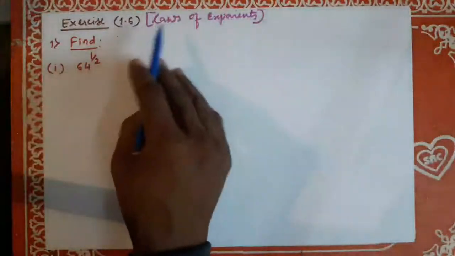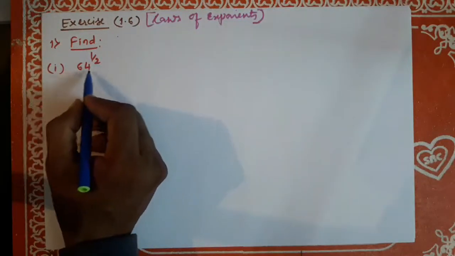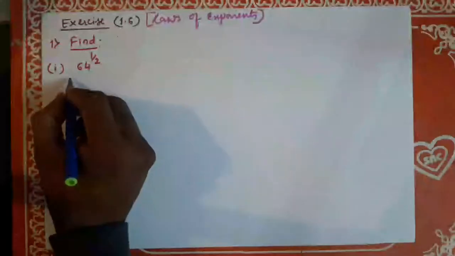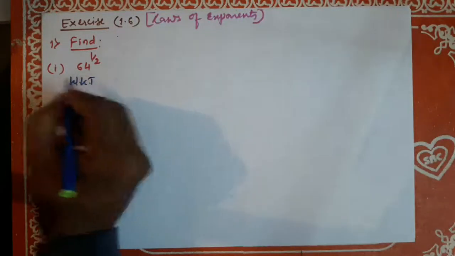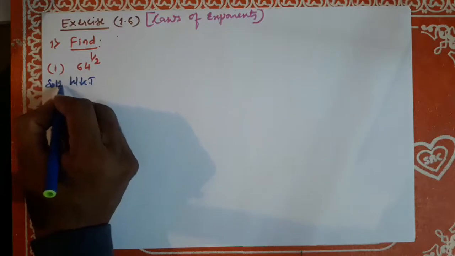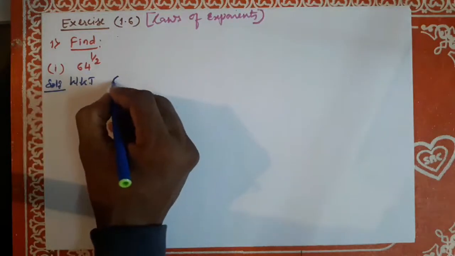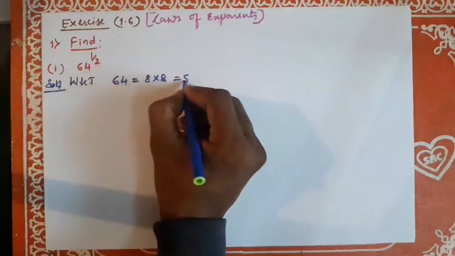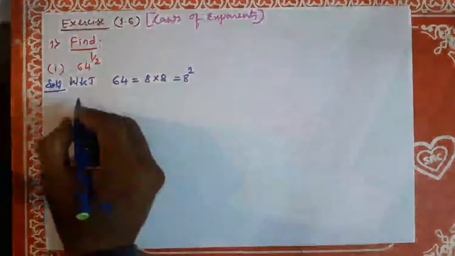Dear students, we have to discuss exercise 1.6 on laws of exponents. First question, find 64 whole to the power of 1 by 2, is it? Solution, we know that 64 is the square number of 8 into 8, we can write 8 square.